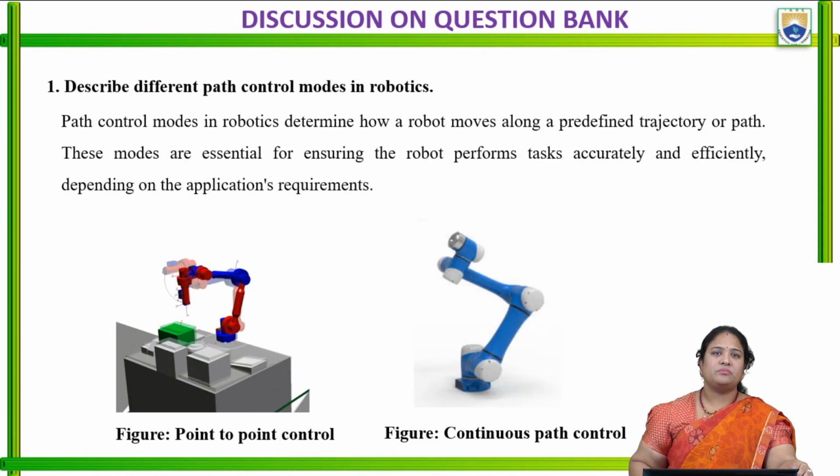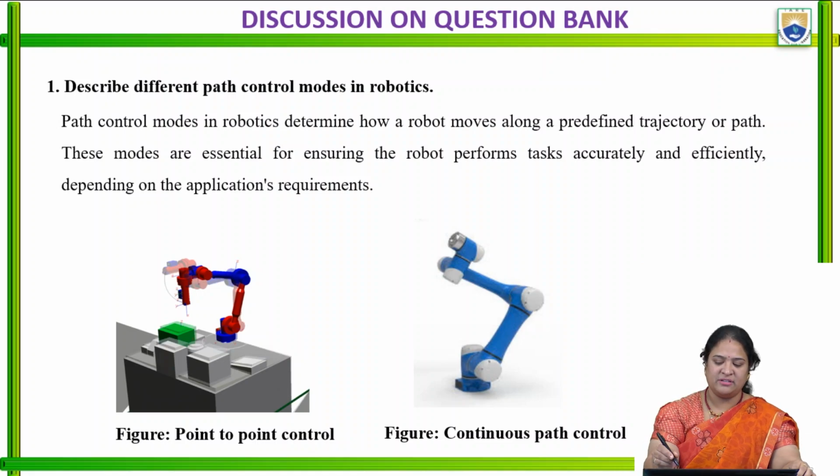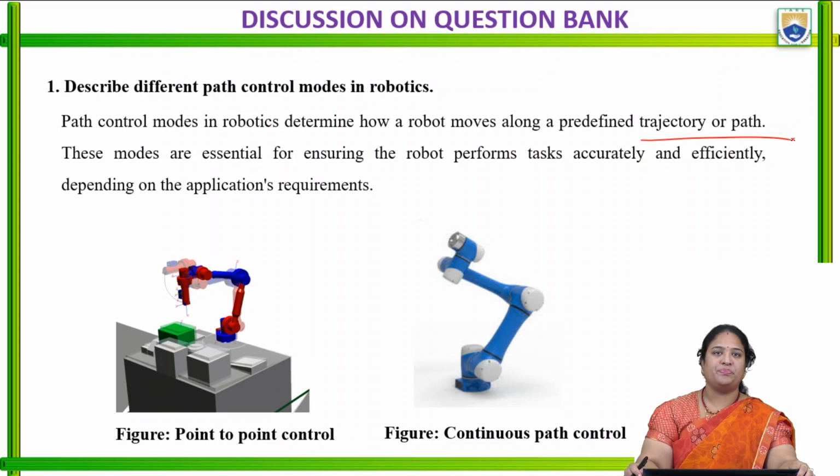So, firstly, what do we mean by path control modes? What exactly is path control modes? Generally, this in the robot describes the movement of the robot in the form of a trajectory or a path. Right?